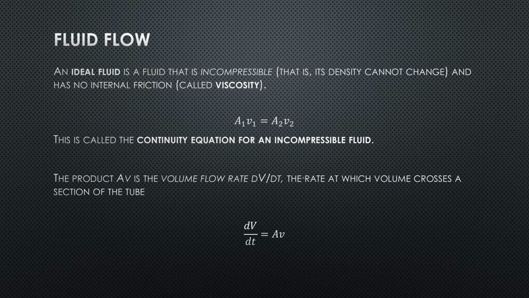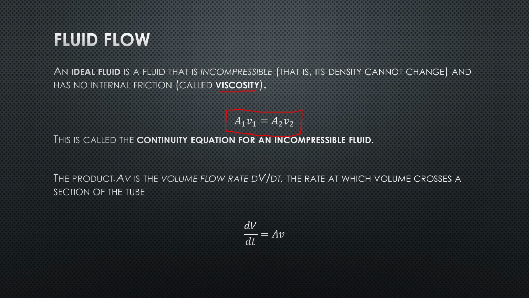So, fluid flow. An ideal fluid flow is a fluid that is incompressible, so the density cannot change, and has no internal friction, called viscosity. So this will be the formula to be used in the continuity equation for an incompressible fluid.